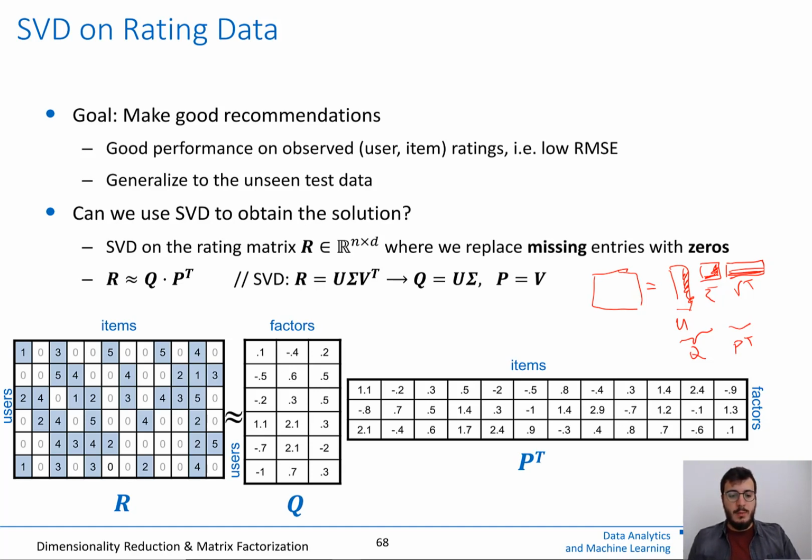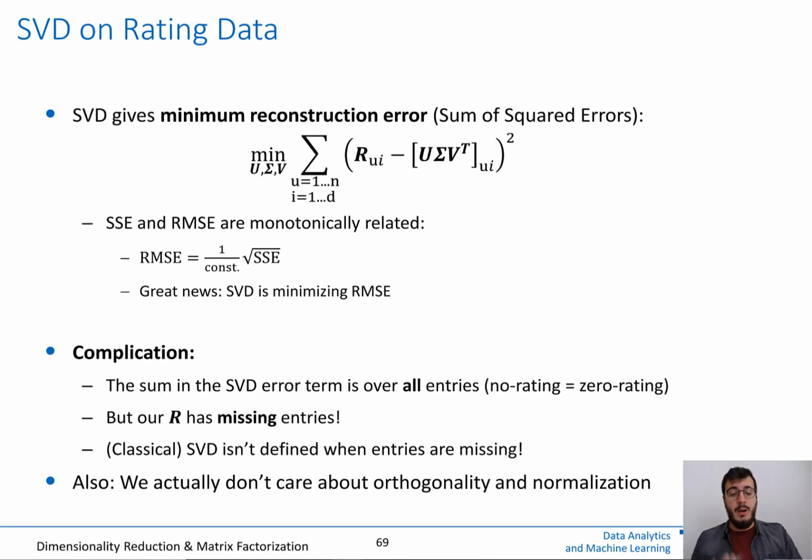Okay, so why does this make sense? Why would we do SVD? Well, for one thing, we already know that the SVD gives us the minimal reconstruction error in terms of the Frobenius norm, right? So we know that the minimum over all possible matrices B, where the rank of B is equal to K, of the distance between R and B in terms of the Frobenius norm, is exactly given by the U sigma and V transposed.